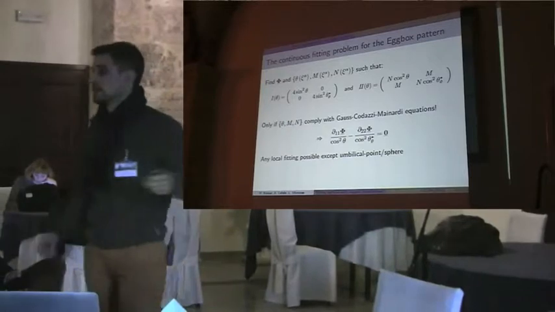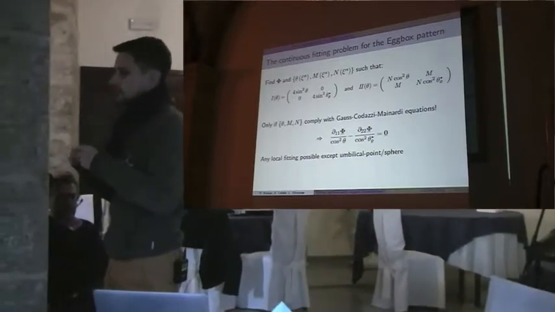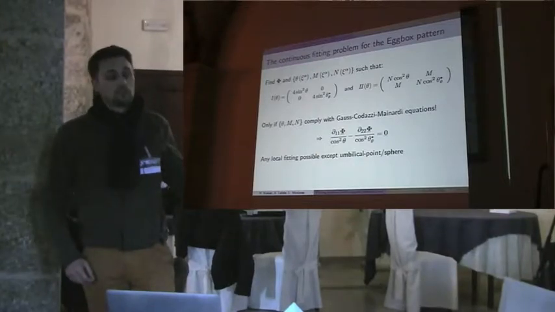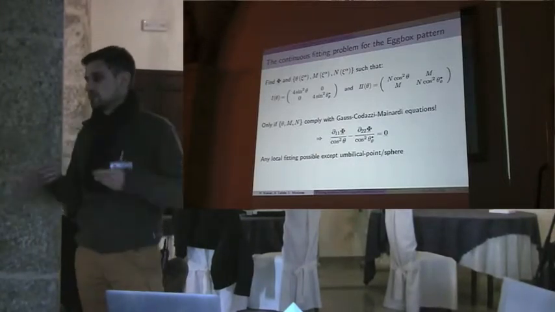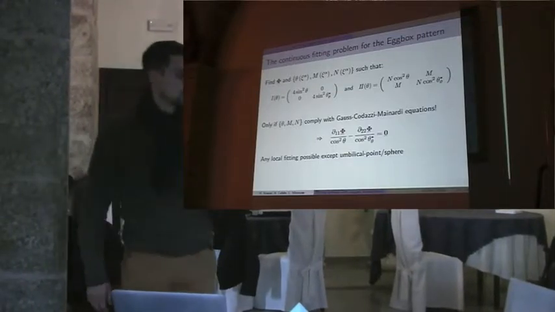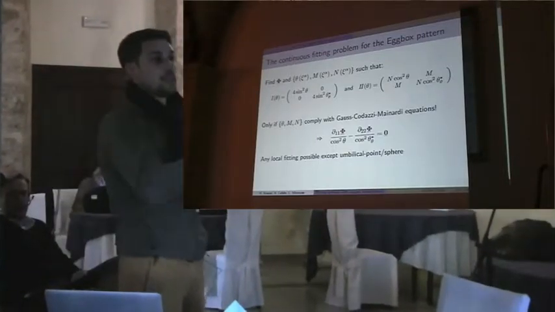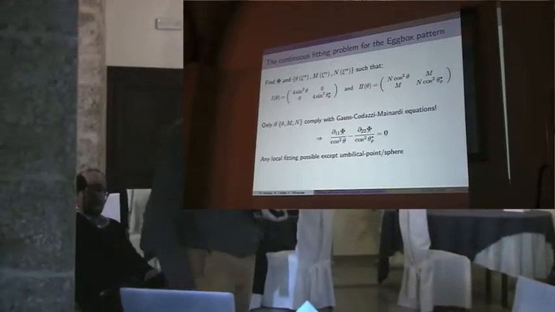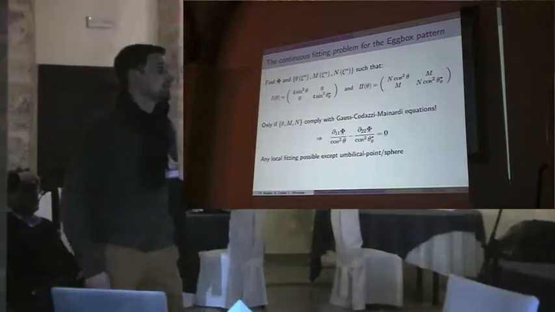But it reveals it is, if you remember, I presented a procedure to construct directly the eggbox pattern from a single diagonal, and this is the continuous equivalent equation. And the last point is that any local fitting is possible.